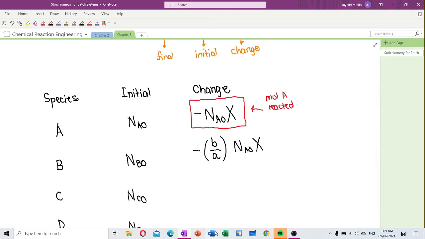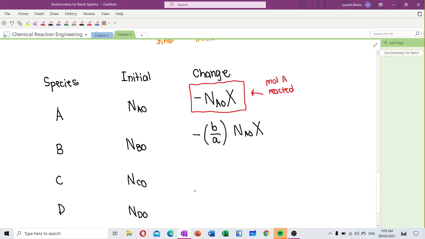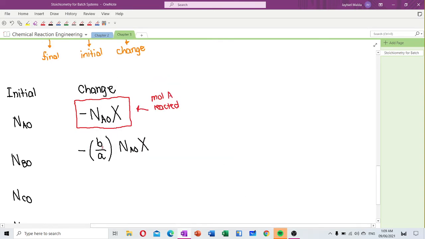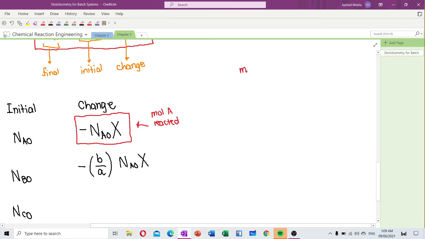For example, I will write a draft just to demonstrate what I meant. If you have B, the B is moles of B reacted, because that's what the coefficients mean in a chemical equation, right? And then A is moles of A reacted. So that's the ratio of B over A. That's the unit.